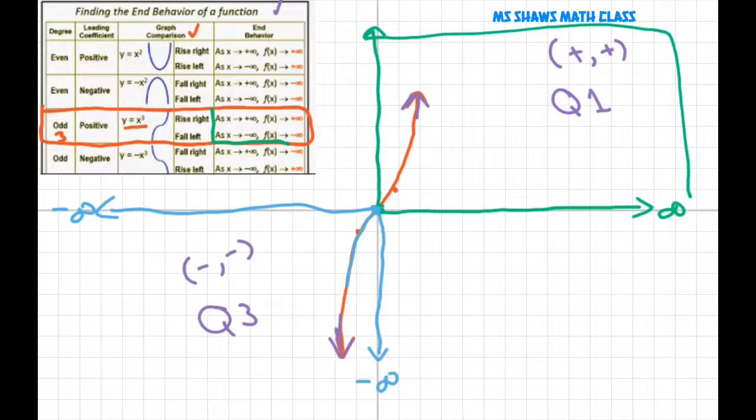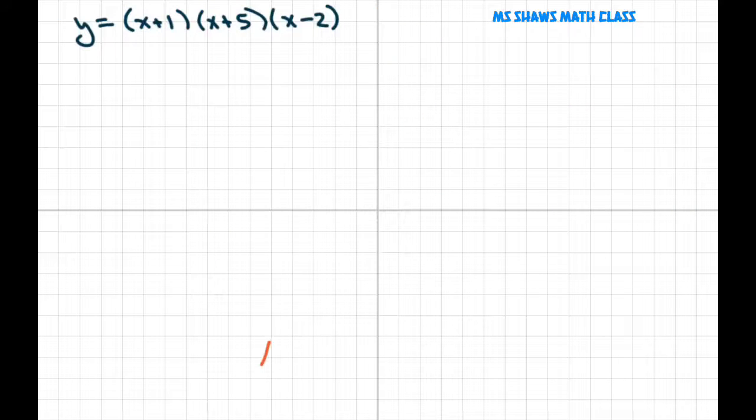So it gets smaller and smaller, and this is supposed to be negative. So if you look at this, all this means is positive, positive, that means quadrant 1. Negative, negative, that means quadrant 3. So we're starting in quadrant 3, graphing left to right, and ending in quadrant 1 somewhere.